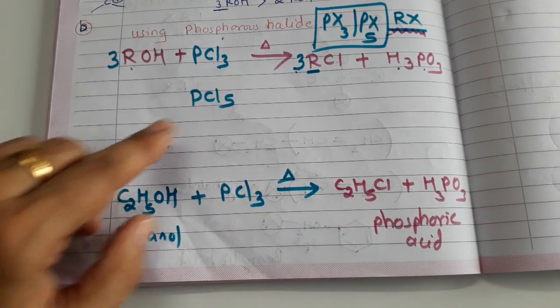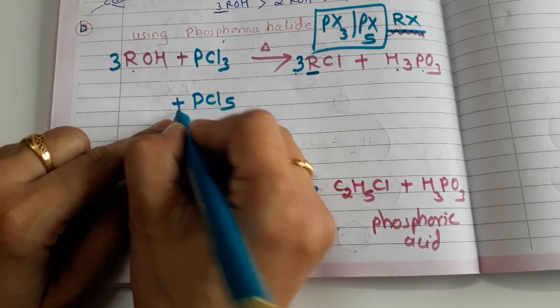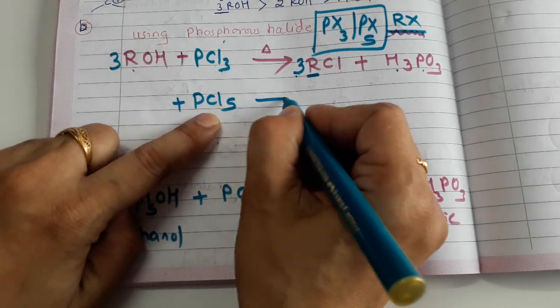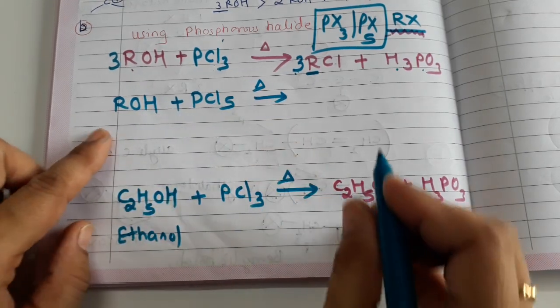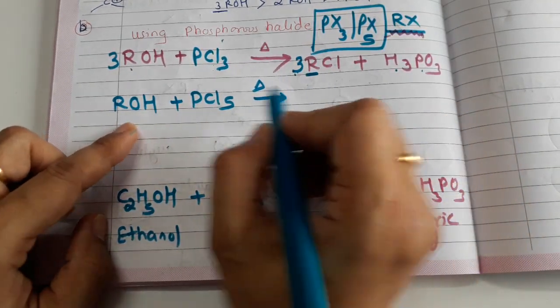देखो मैंने नीचे लिखा हुआ है PCl5, फॉस्फोरस पेंटाक्लोराइड. On mild heating, again I'll write ROH. अच्छा, इसके प्रोडक्ट्स थोड़े से डिफरेंट हैं, मैं बताती हूँ क्या है.